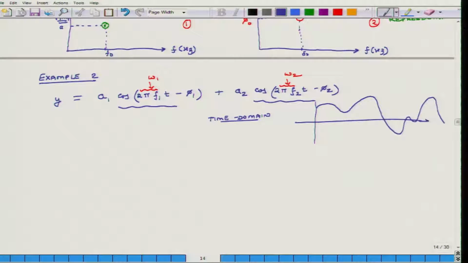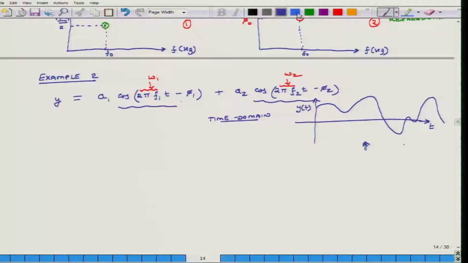So, here I am getting time on the x axis and y as a function of t on the y axis. From this graph, it is not straightforward to find the time period of each of these frequencies and the phase of each of these frequencies. I mean, if I do a lot of mathematics, I can still get it from here, but it is not very clear how we can quickly get that information.